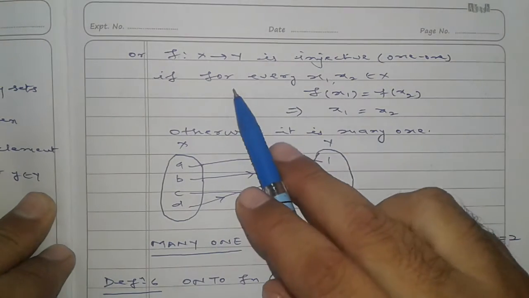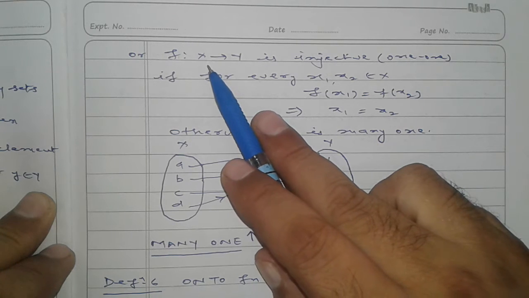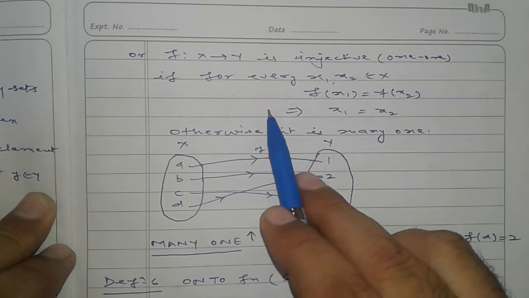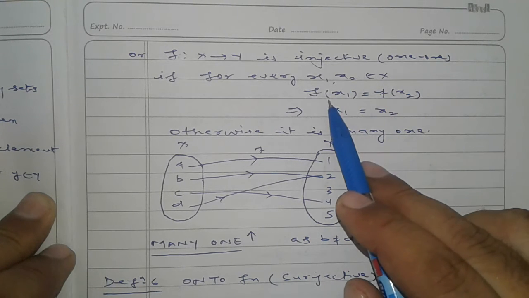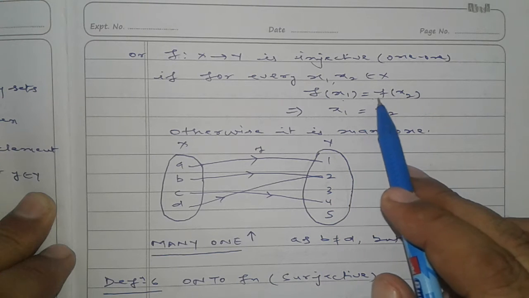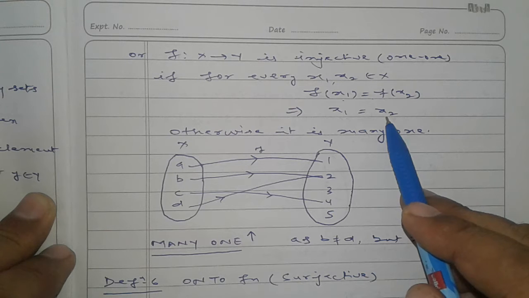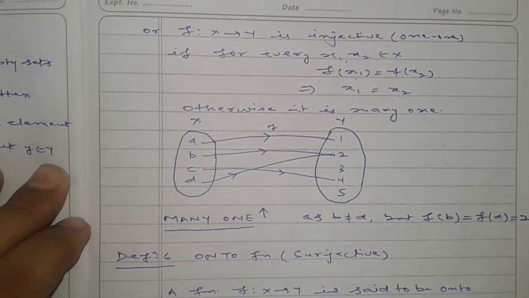Now for theory part, if f is a mapping, a function from x to y, is one-one or injective, then if we take x1, x2 two elements from x, if f of x1 is equal to f of x2, then x1 must be equal to x2. This we will do in the questions. Otherwise it is many-one. Now what is many-one?